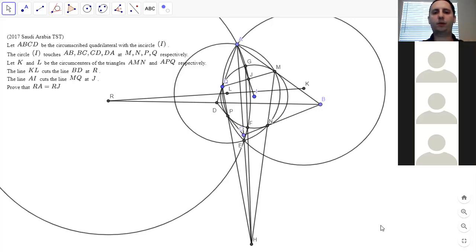So yeah, if we could just forget about R for the time being, I wonder if there's a way to show that the circumcircle of AJE is orthogonal to the incircle. We've already proved that. Yeah, okay. That is true for every circle that passes through A and J. Okay, every circle passing through A and J is orthogonal? Yeah, because you can calculate the power of point I with respect to that circle, and it will always be the radius of circle I as well. Oh yeah. No, that's a good point.